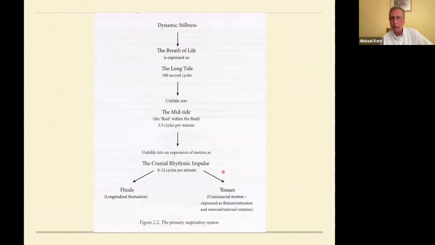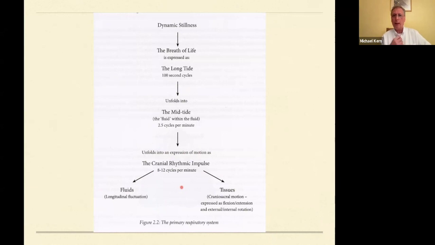When Sutherland started his investigation, he identified a rhythm that later became known as the cranial rhythmic impulse. Sometimes it's also referred to as craniosacral motion.